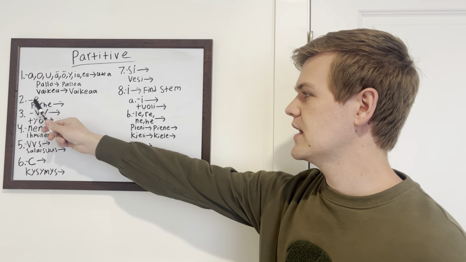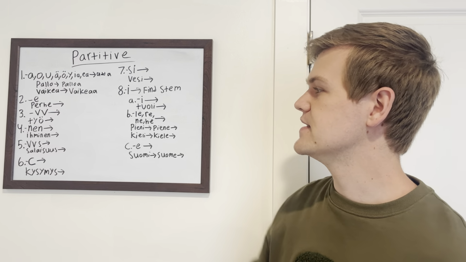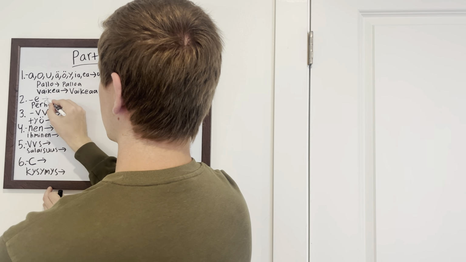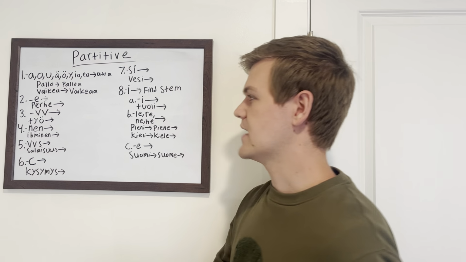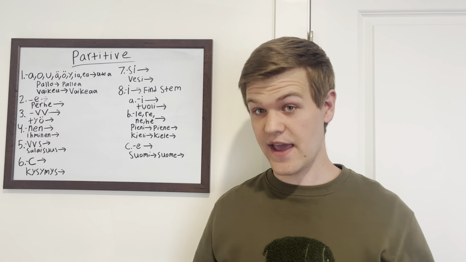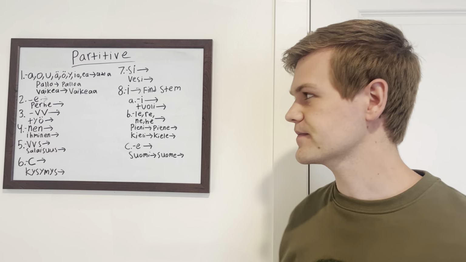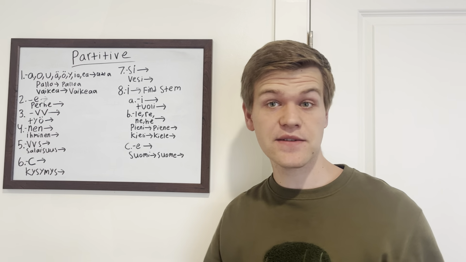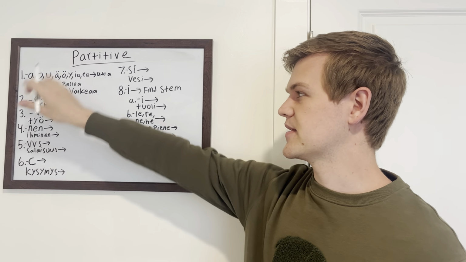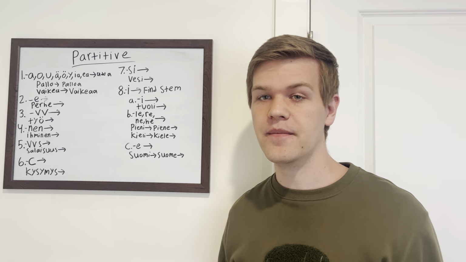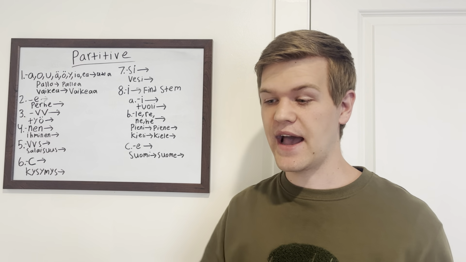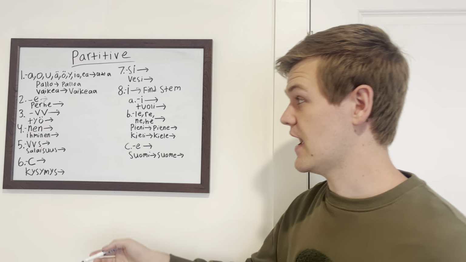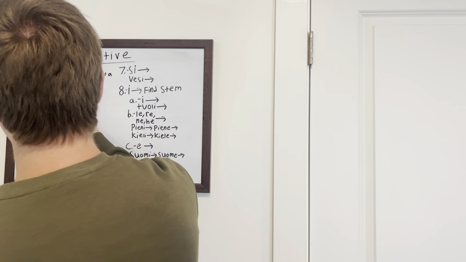The next one is if it ends in an E. If it ends in an E, what we're going to do is add TTA onto it. So just like how E was different when talking about noun stems, E is also separate from the rest of the vowels when it comes to partitive. Most of the time, you don't just add an A on the end. You're going to add a TTA. So I'll write that up here.